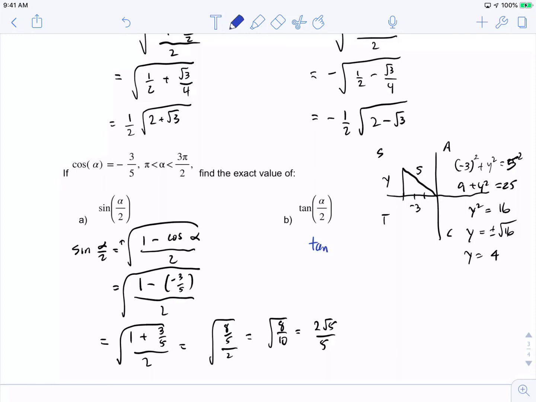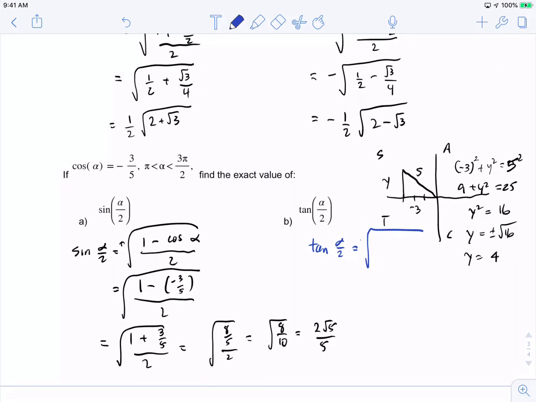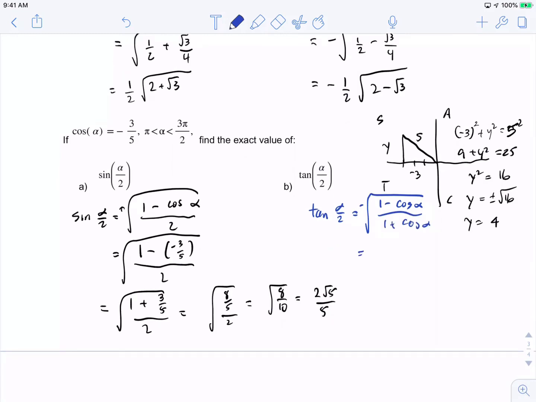So tan of alpha over 2 is going to be equal to the square root, and it's the negative one because we're in quadrant 2, of 1 minus cosine alpha over 1 plus cosine alpha. So we see that that's going to be a negative square root of 1 minus a negative 3 over 5 over 1 plus a negative 3 over 5.